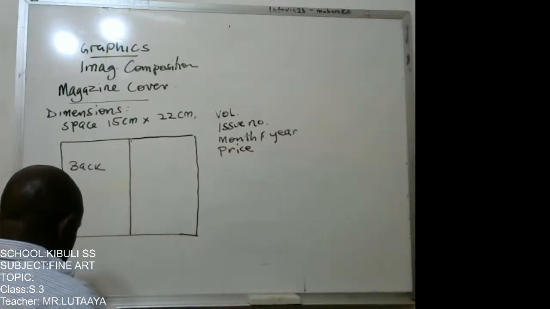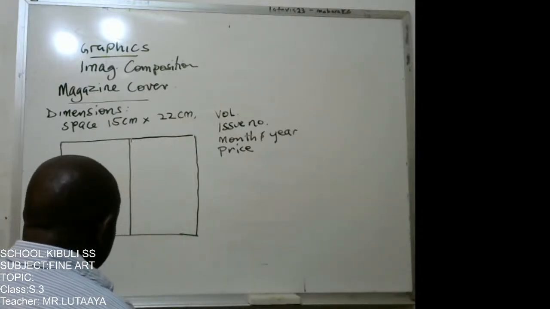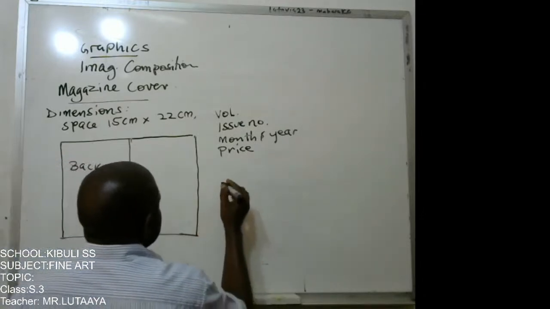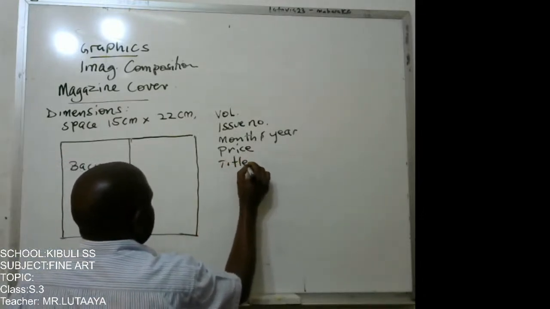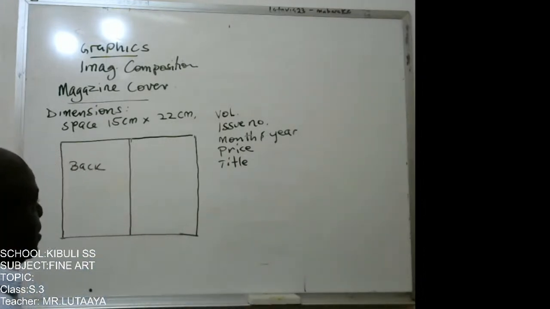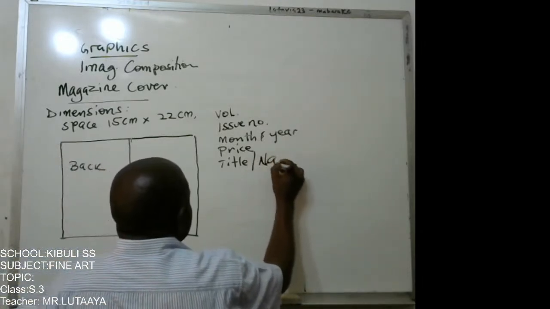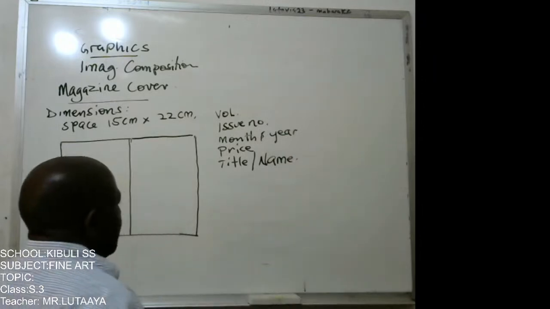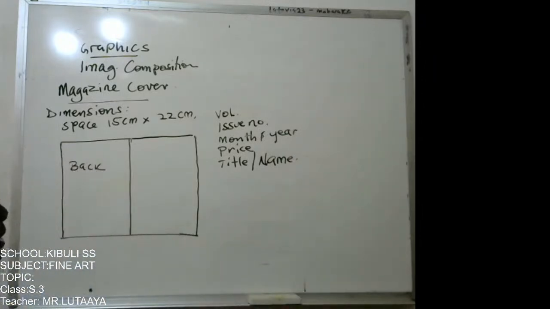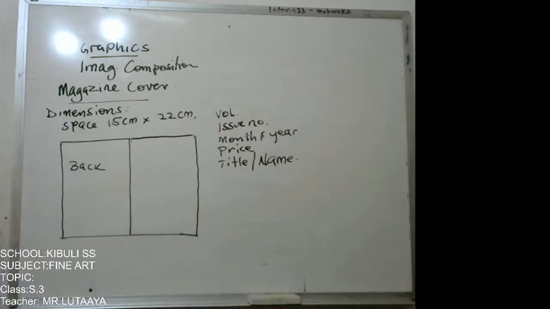Then it has another major thing, the title. Sometimes it can be a name, the name of the magazine, which is what we normally look for. The important thing is learning how to place those things in our magazine.